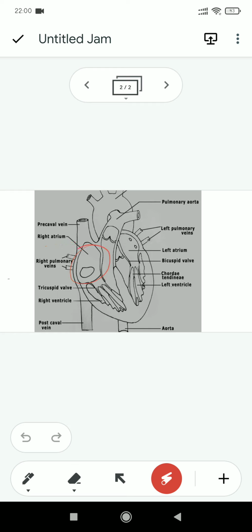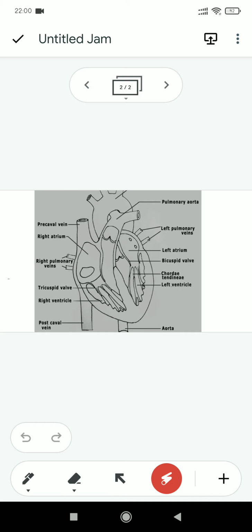This is our right atrium, and while the blood is entering, it is in the diastolic position, meaning relaxation. But when the blood enters, it contracts, and this is known as systolic pressure.